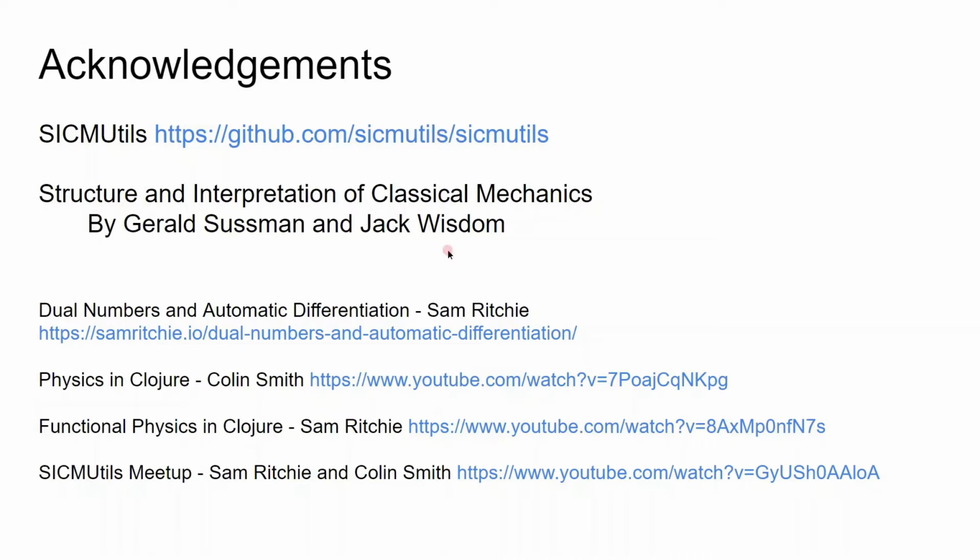The SICMUtils library itself is based on a Scheme library called scmutils. It was developed for the book Structure and Interpretation of Classical Mechanics by Gerald Sussman and Jack Wisdom. Many Clojurists are familiar with another of Gerald Sussman's works, Structure and Interpretation of Computer Programs, SICP.